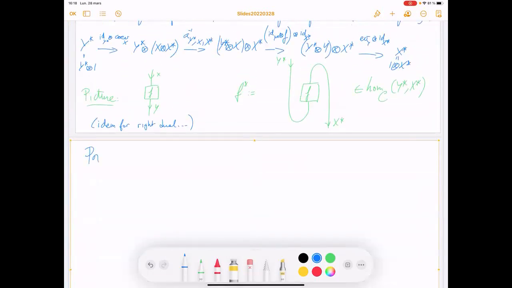Proposition: monoidal functors preserve left duals. And same for right dual, of course.